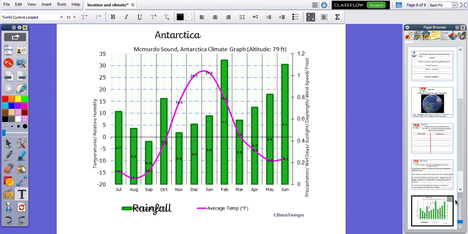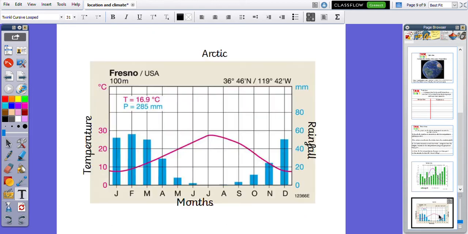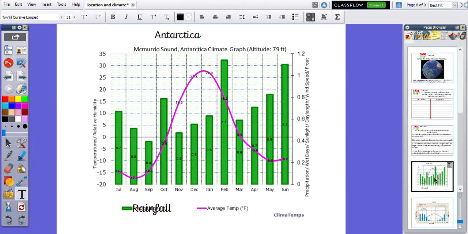So you will see there is a graph here for Antarctica, and there is a graph here for the Arctic. The pink line on this one shows the average temperature in that month, and the green bar shows the amount of rainfall. So on this side it is showing the rainfall, on this side it is showing the temperature, but you will see these little numbers actually tell you what it was.